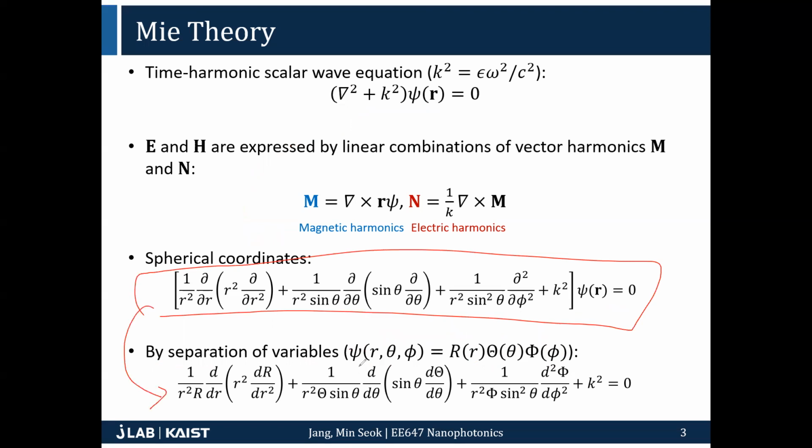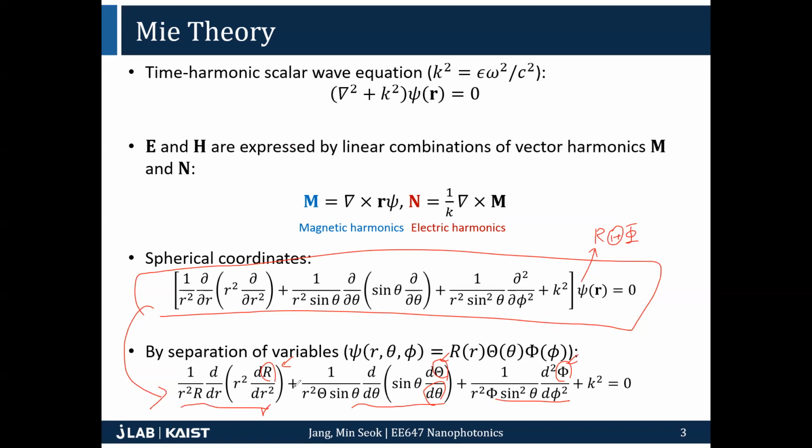And what we did here is that we basically wrote psi as R theta phi, and then plugged that in. And because the first term only depends on R, and the second term only has a derivative along theta, and then the third term only has a derivative along phi, so only R and theta and phi functions are relevant.